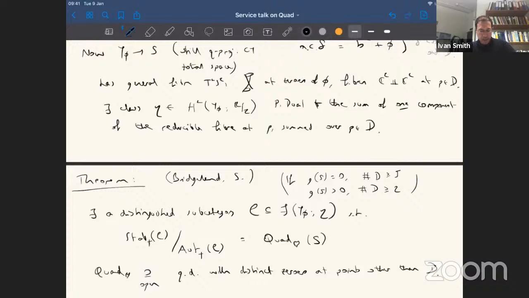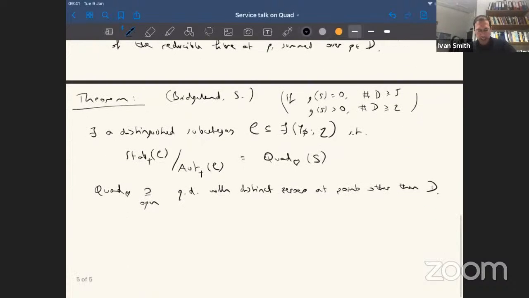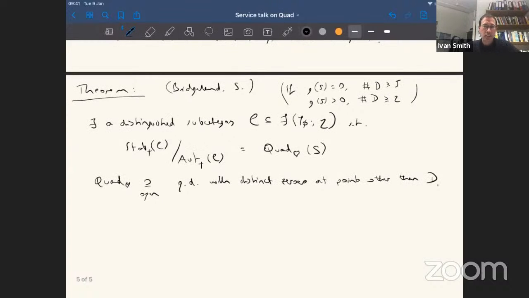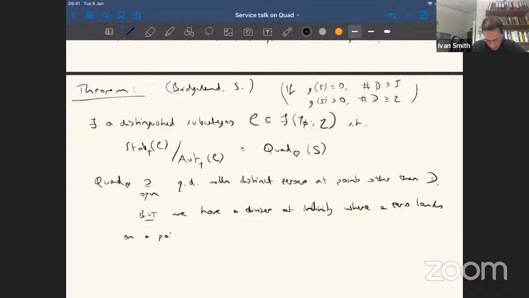But we have a kind of partial compactification in which a zero can land on a point of D. And φ then has a simple pole at that point.